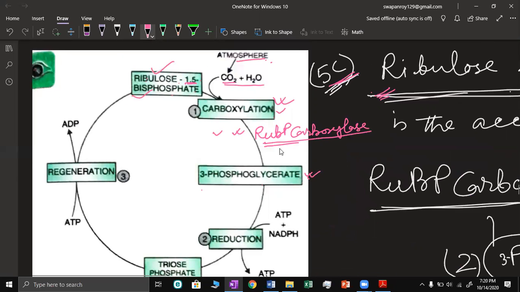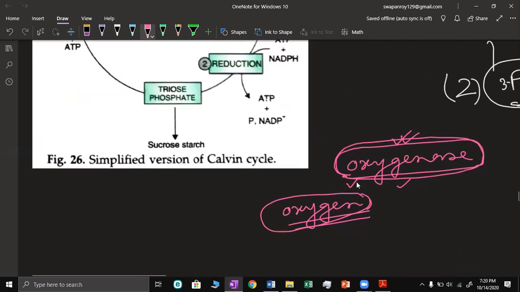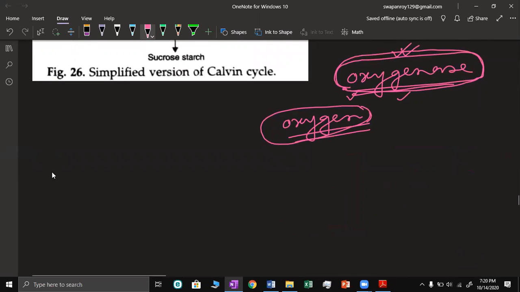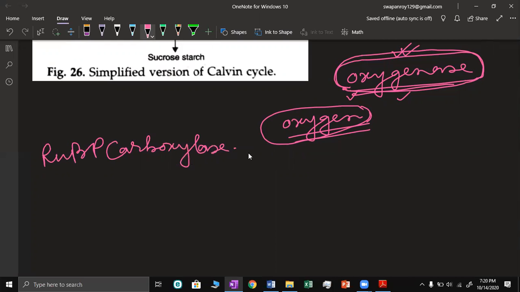So this enzyme sometimes functions as carboxylase, sometimes as oxygenase, and that's why the enzyme has been renamed as RUBP carboxylase oxygenase. It has a rename, and this is in short.